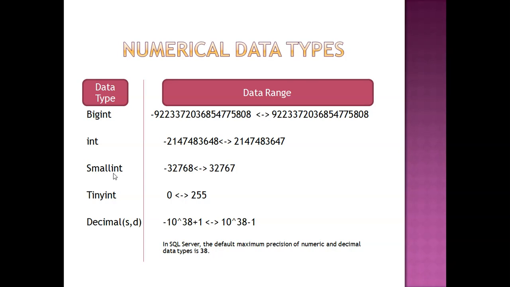If I define my data type as tinyint, it's from 0 to 255. And if I define my data type as decimal or numeric, this is limited to minus and plus 38, with rounding off, right? In SQL Server, the default maximum precision of the numeric and decimal data type is 38.